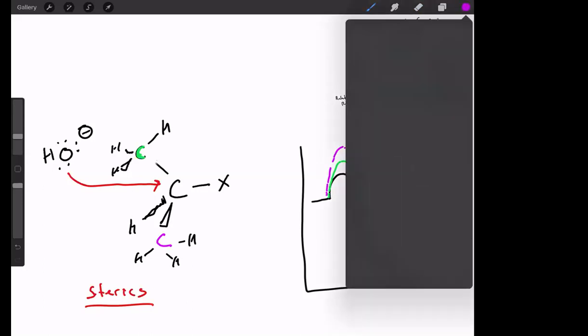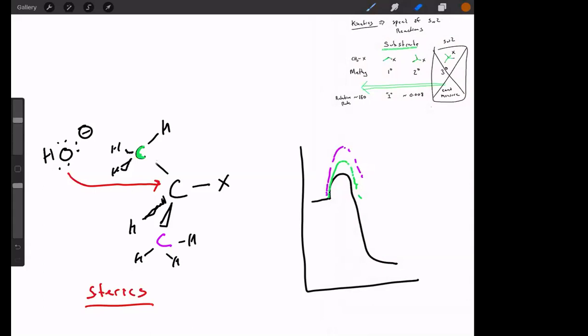And by the time I get to the point where I've added 3 different R groups, it's now so crowded, the activation barrier is so high that it essentially doesn't happen.